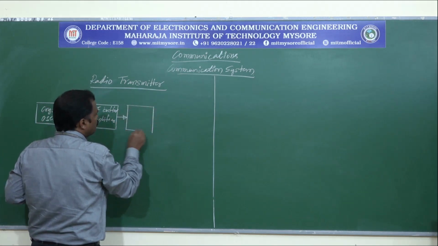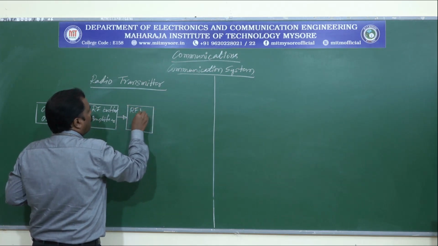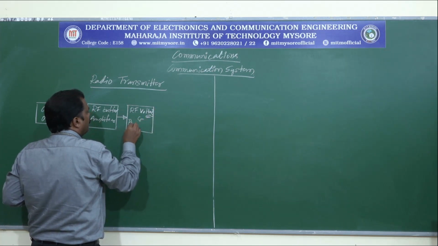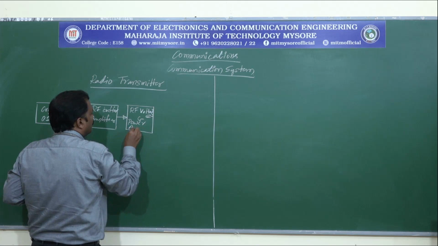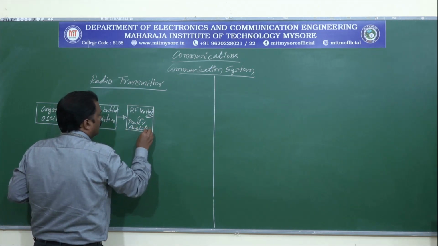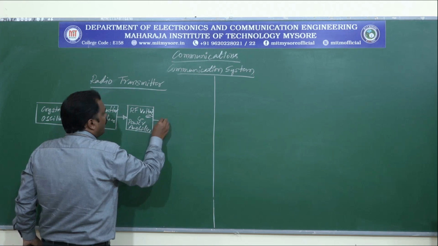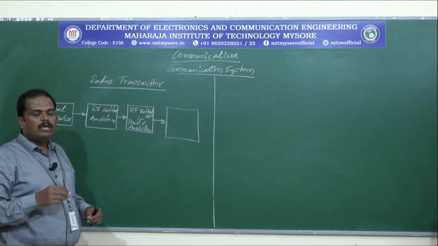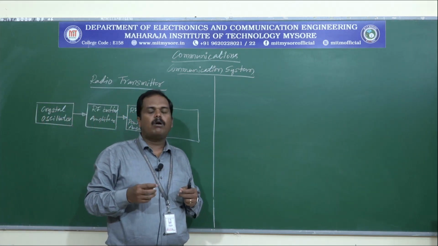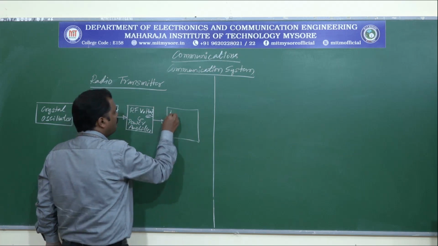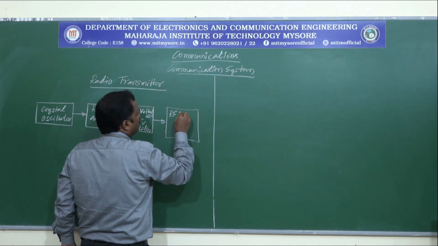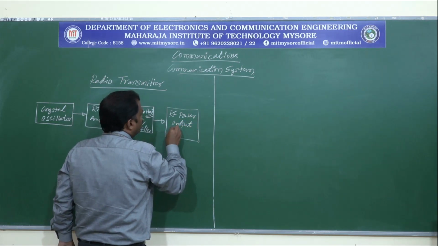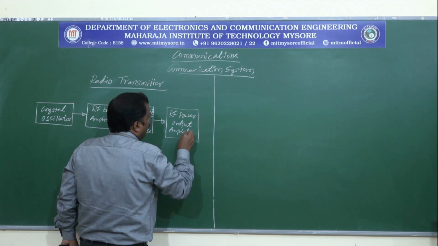So we will give the signal to the RF voltage and power amplifier, and from the power amplifier the signal will be given to one more amplifier called the RF power output amplifier.